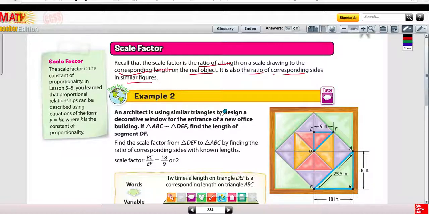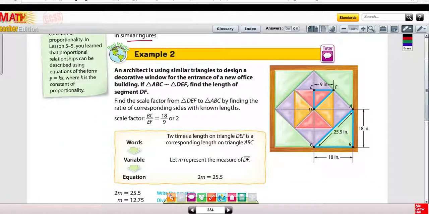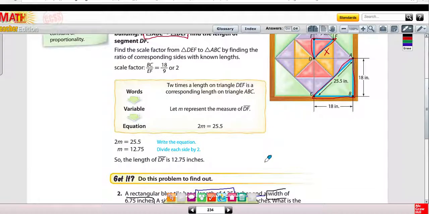And so in example 2, we are told that triangle ABC is similar to triangle DEF.